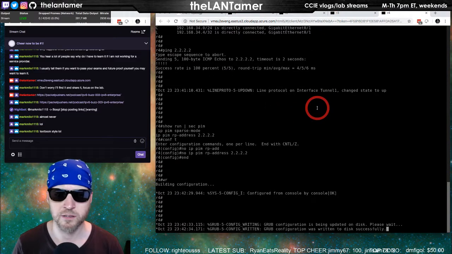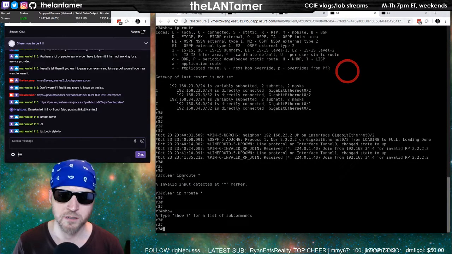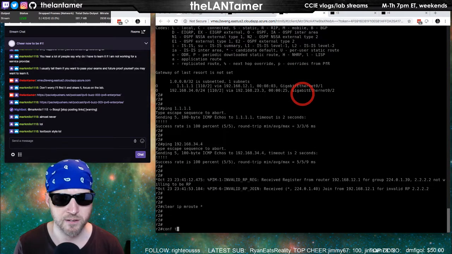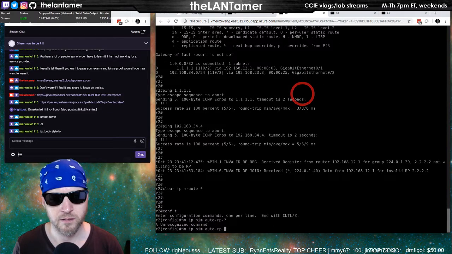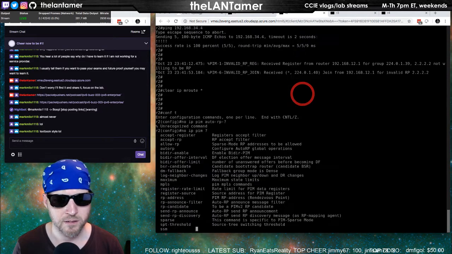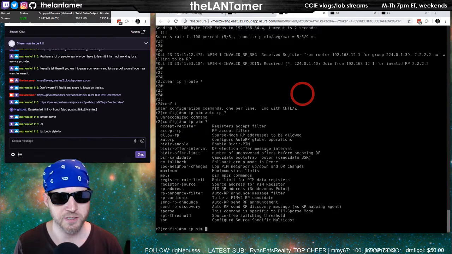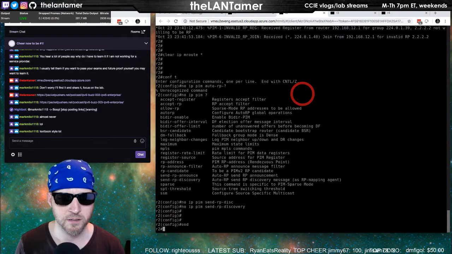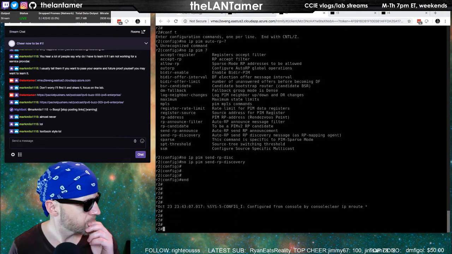So now, clear IP mroute star. Clear IP mroute star. Let's remove this announce for right now. Yeah, that doesn't look right. Oh yeah, it's send-RP. Okay.